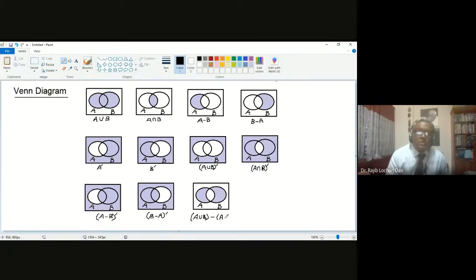A intersection B. That's all. So not very complicated, just a little one extra step. A union B is the whole part, then minus the middle part. Middle part is A intersection B. That's it.